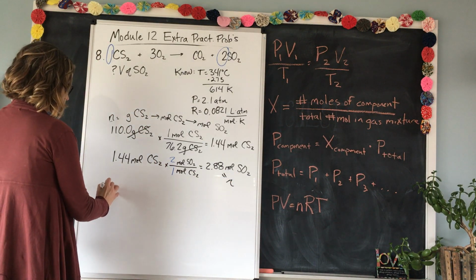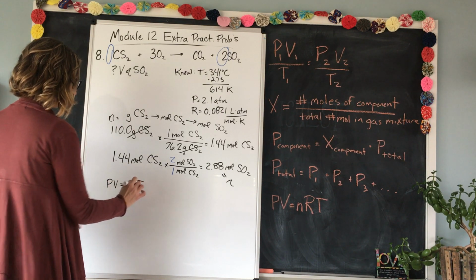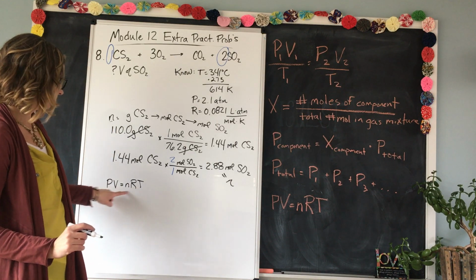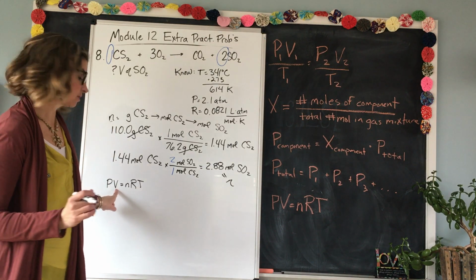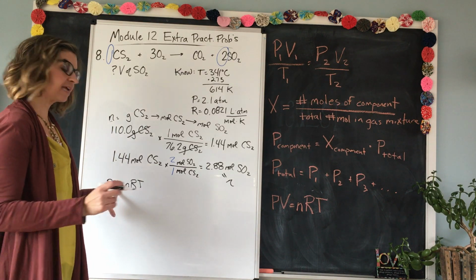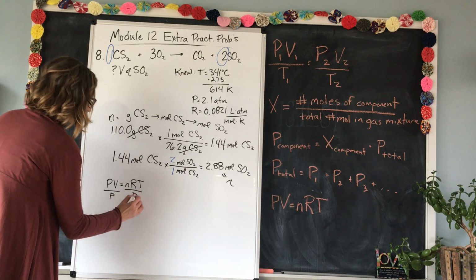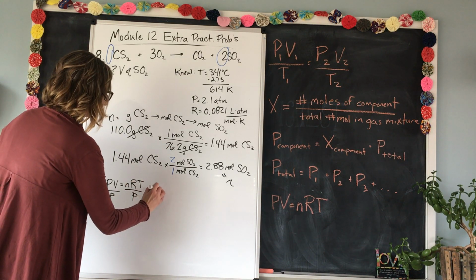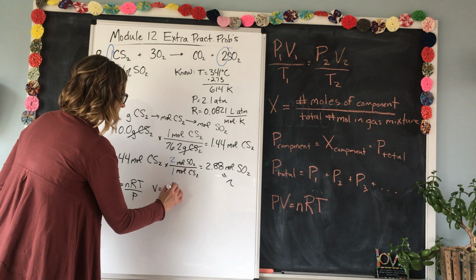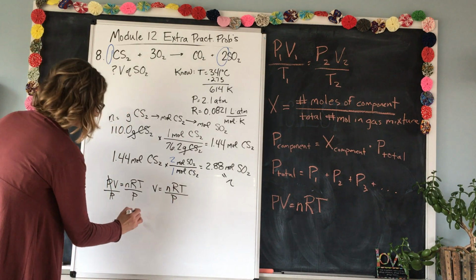Now we're going to use the ideal gas law, PV equals nRT, because we are looking for the volume, and we have all of the other numbers ready for us. We want to get volume by itself on one side, so we're going to divide both sides by the pressure and rewrite our equation as volume equals nRT over P. Now let's fill in the values.